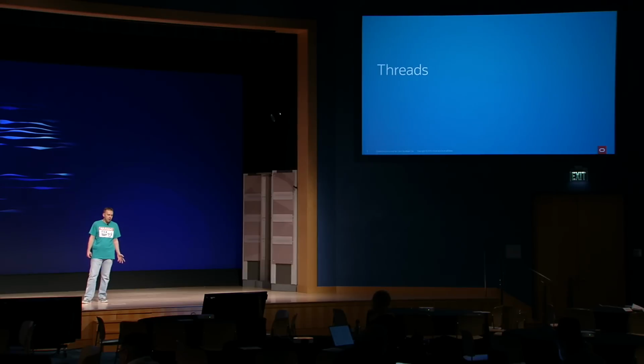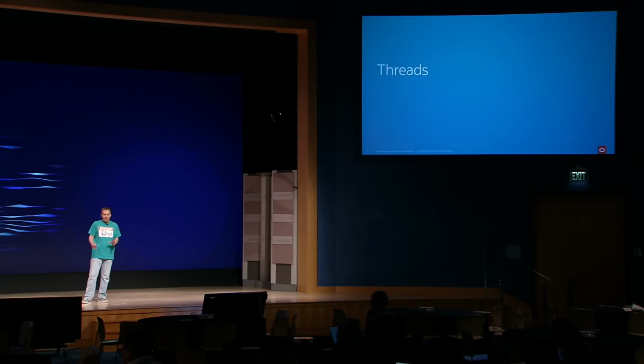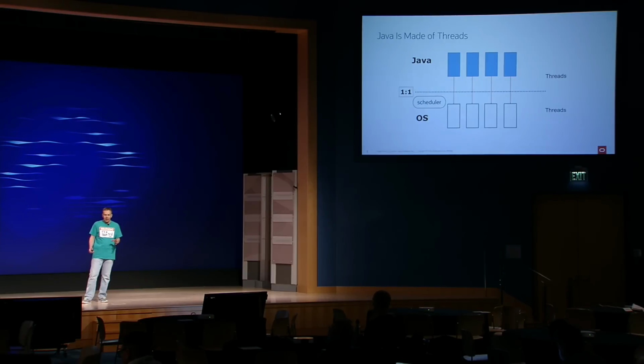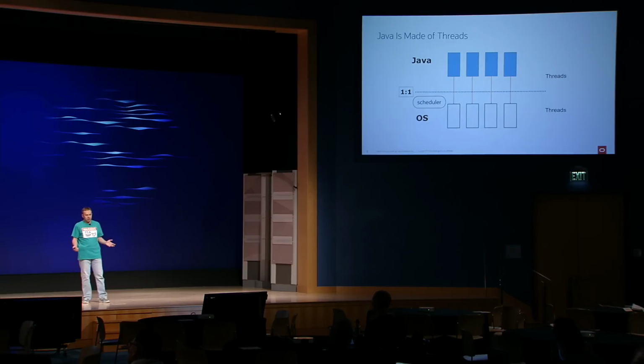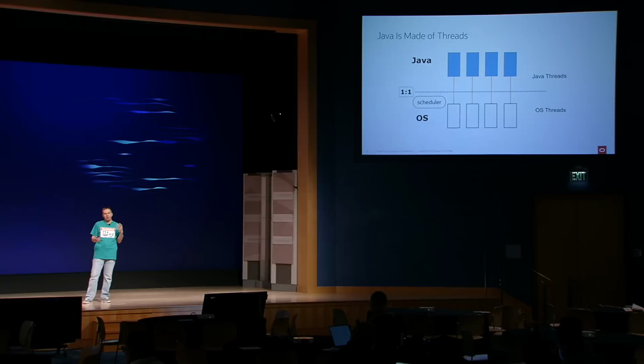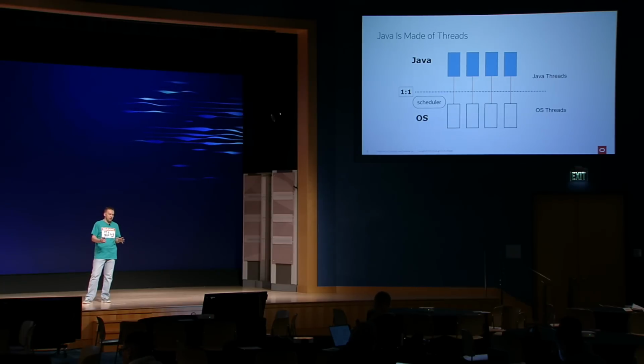Before talking about what's done in Project Loom, a short talk about threads. Initially, Java threads were created on top of operating system threads, and there is no such place in the Java specification or any other place where we have some limitation for threads.